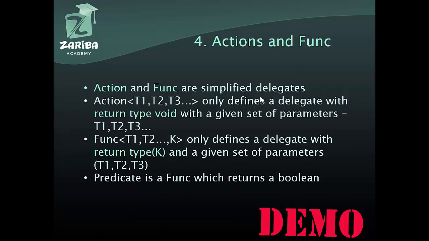Okay, delegates are a bit counterintuitive, where you have to define, somewhere above the class or the methods, the signature, then you have to add methods to it, and so on. It's a bit counterintuitive. So what you would normally use these days is either action or func, and they're nothing else but just delegates.